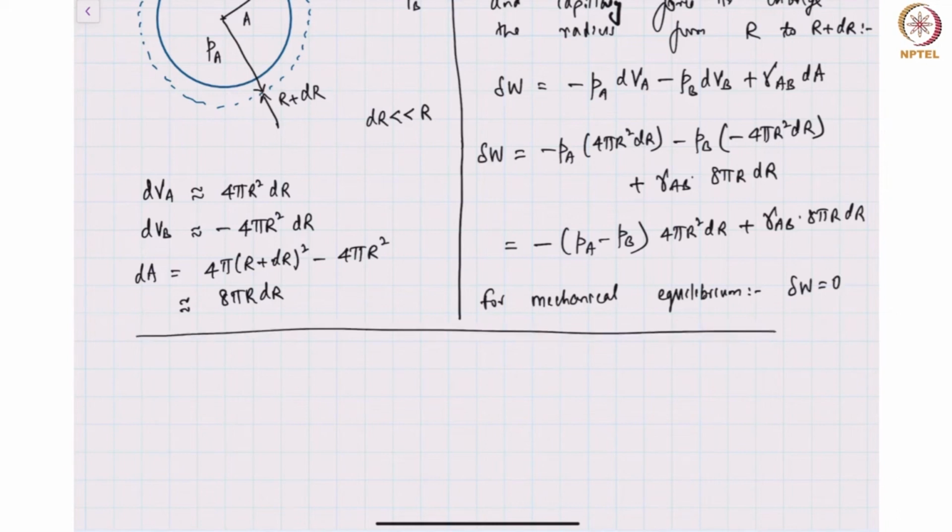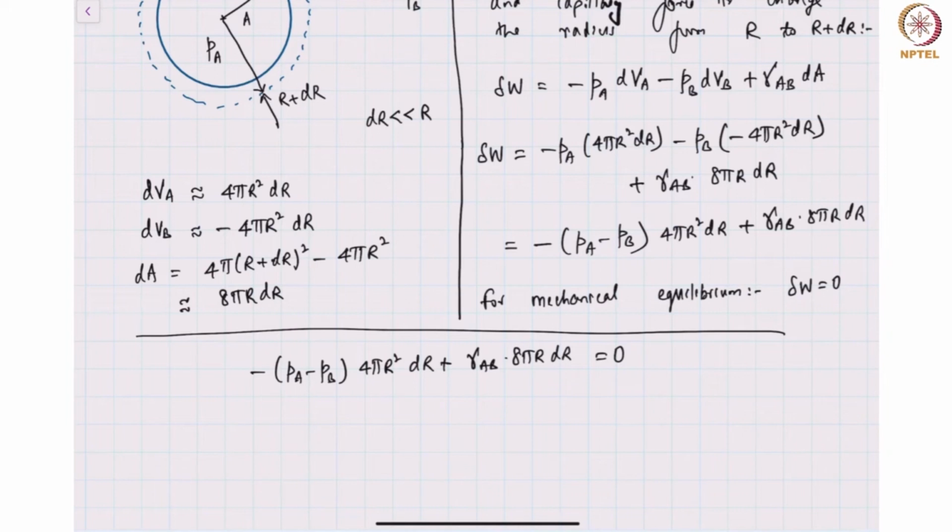This immediately leads me to a simple expression: minus (PA minus PB) 4 pi r square dr plus gamma AB 8 pi r dr would be 0. Okay, dr is clearly non-zero.